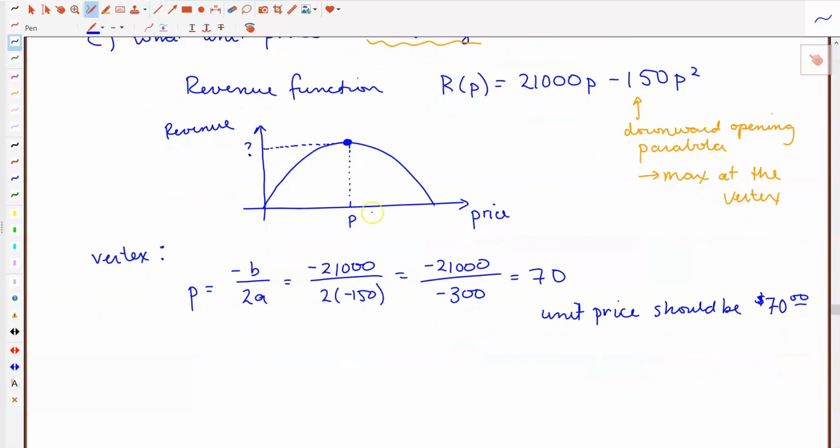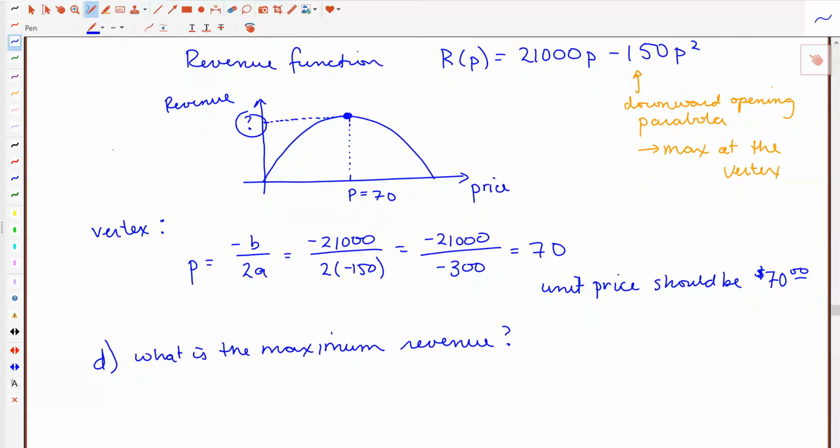So we just found that this price should be 70. Now the next question is, what is the maximum revenue? We want to find the output if the input is 70. So we'll use our revenue function and put 70 in for p.